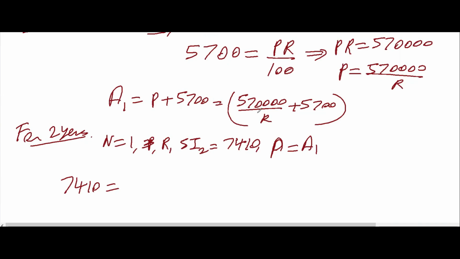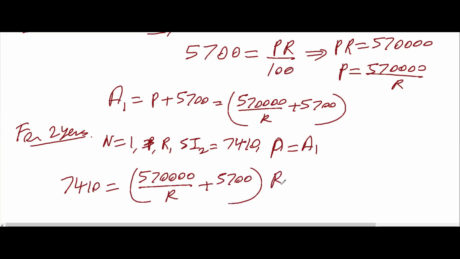So what P will you use? You will use 570000 upon R plus 5700. This is your P, R will be your R, T is 1, divided by 100. When you solve this equation, you will get the value of R as 30%. Got it? Now understood?